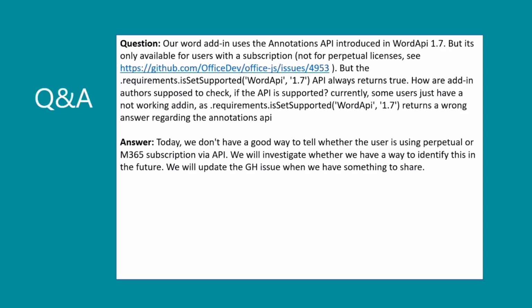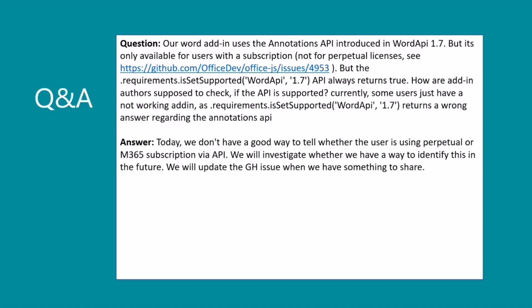Currently, some users have a broken add-in because the requirement set method for isSetSupported is actually returning the wrong answer. Unfortunately, right now we don't have a good way from the API side to allow developers to know whether this Office client is a perpetual license or M365 subscription license.